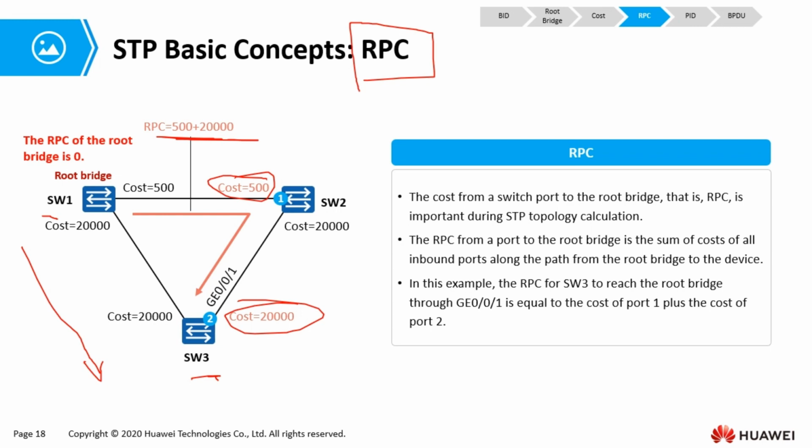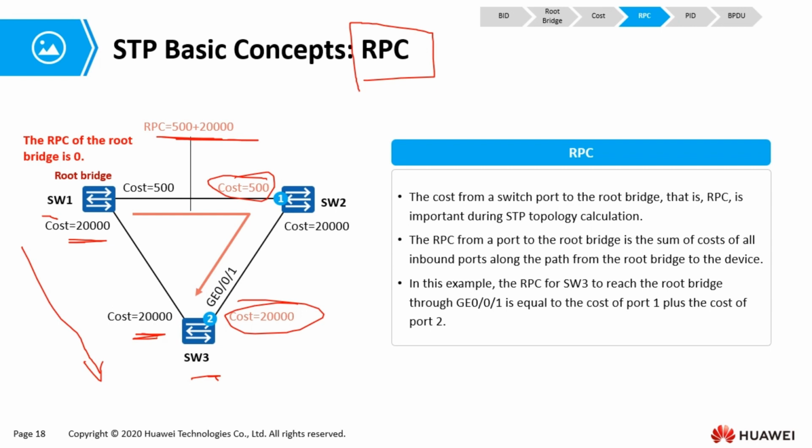The root path cost decides which path is the optimized, shortest path to forward your data. So if you look at this scenario, here you have a 20.